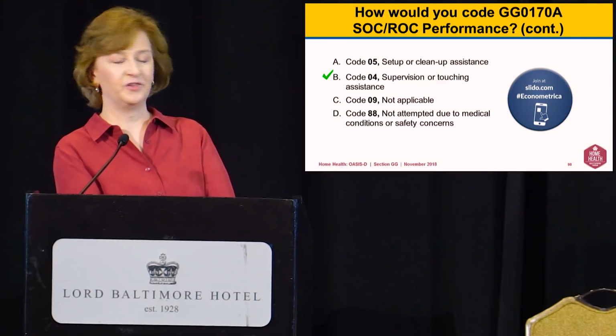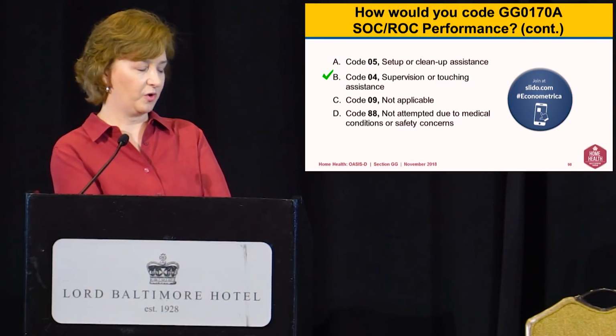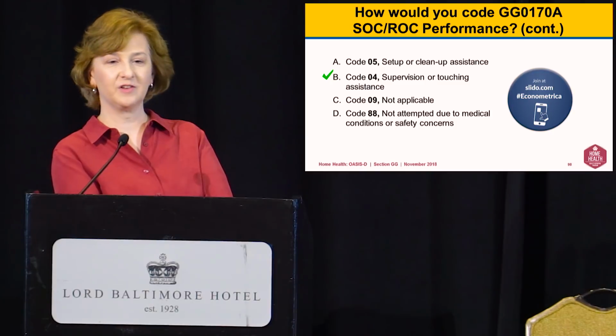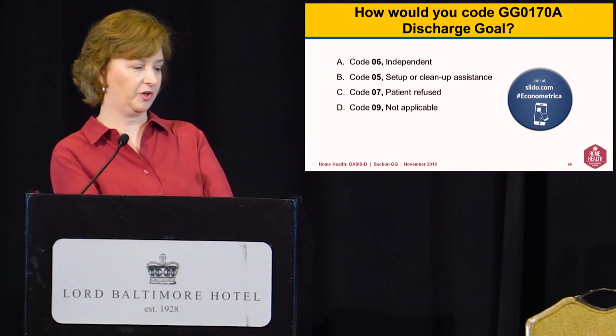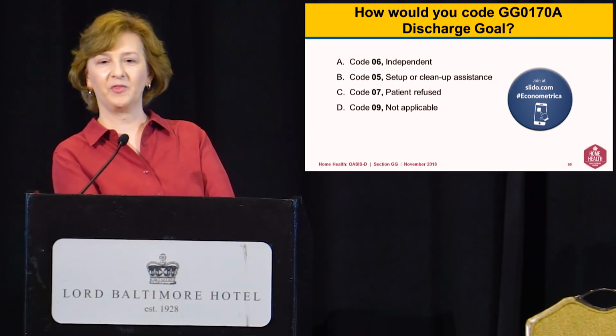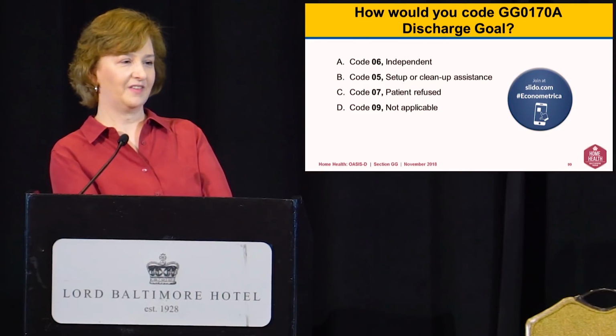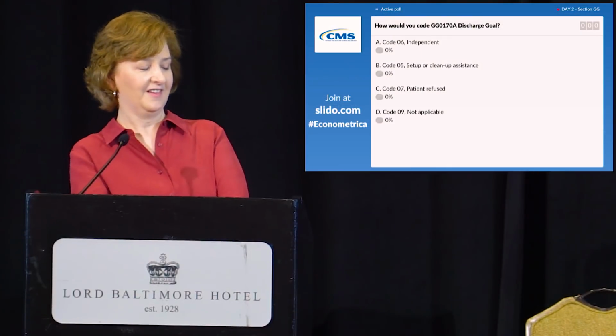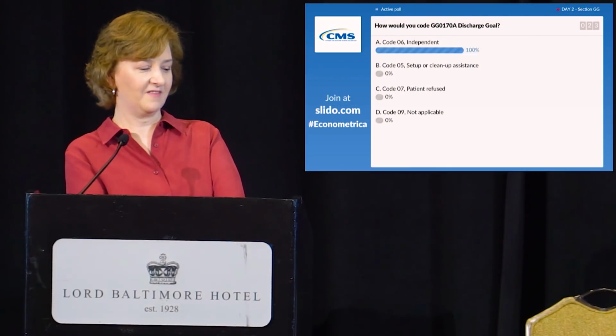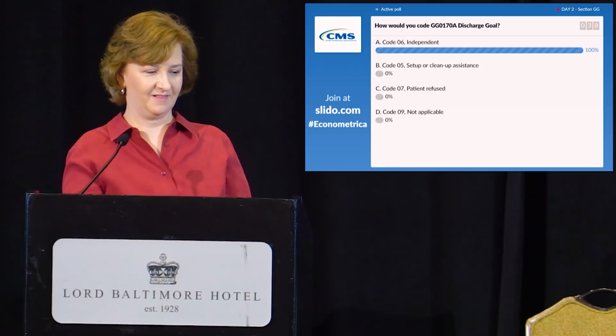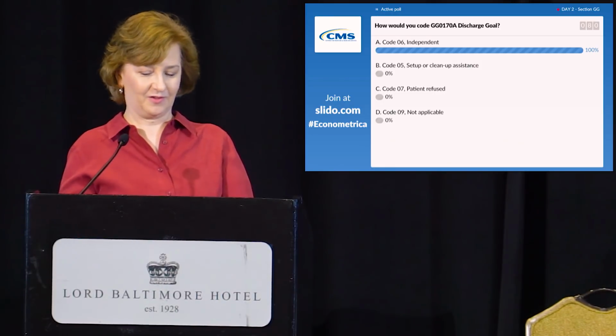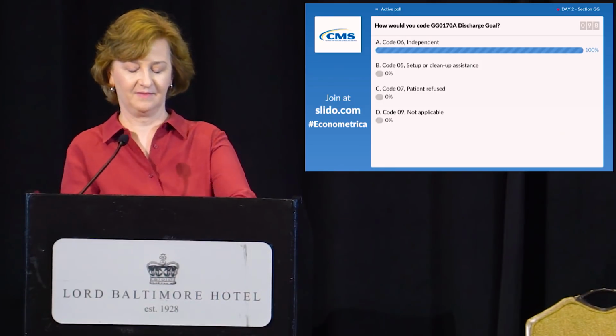All right, I do agree with the majority of you, who coded 04, supervision or touching assistance, which includes that verbal cueing instruction. How about the goal? How would you code that? This was, I think, easy. He's expected to do that by himself. How would you code that? 6, 5, 7, or 9? Okay, great. Looks like the codes are coming in.